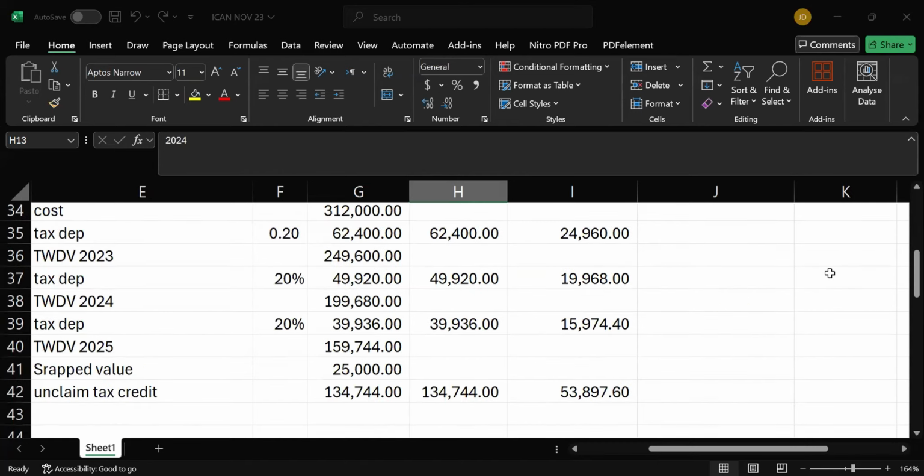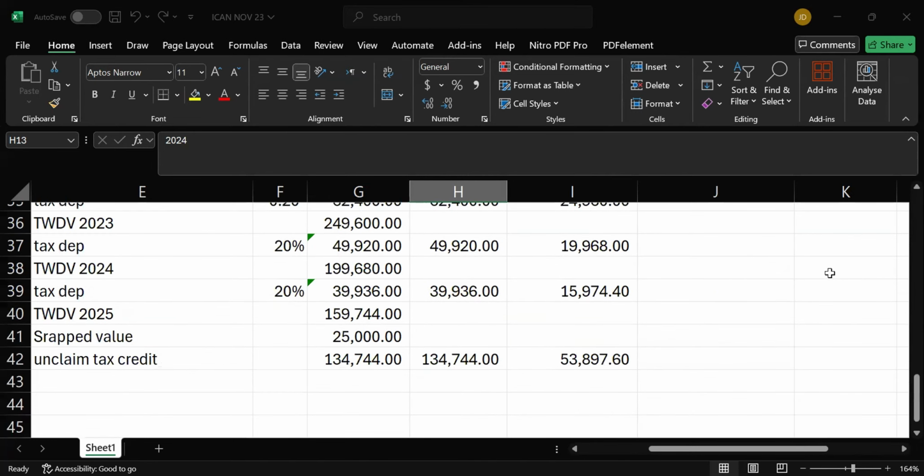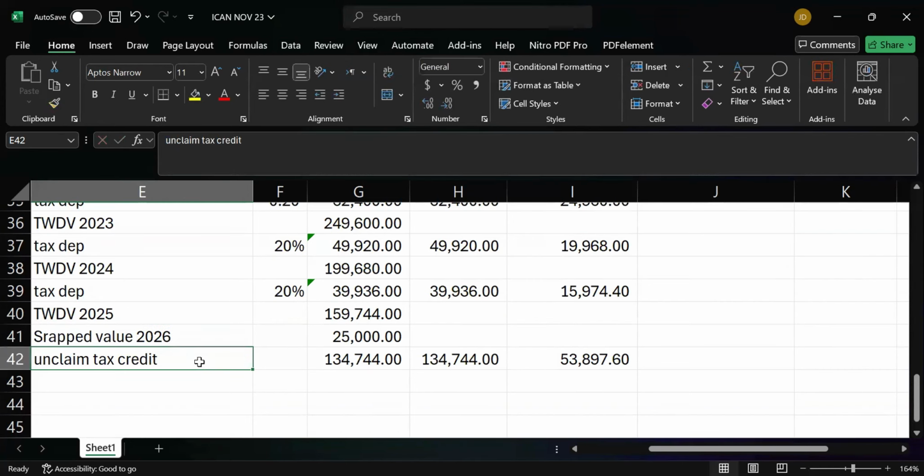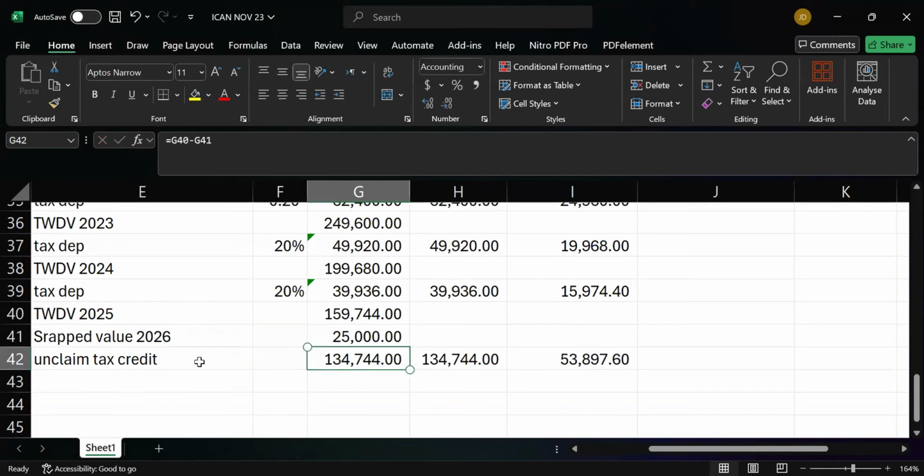Normally in your last year, 2026, you are not doing tax written down value again, because that's the year the asset will be sold. So you just sell it and look at whether there's a balancing allowance or a balancing charge.